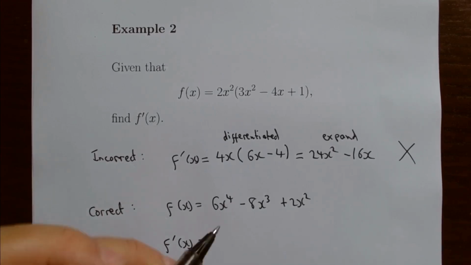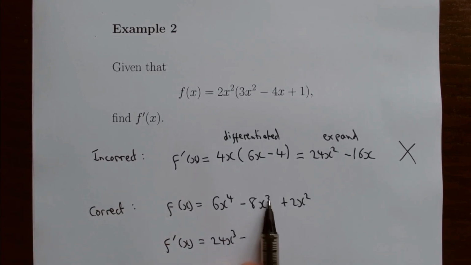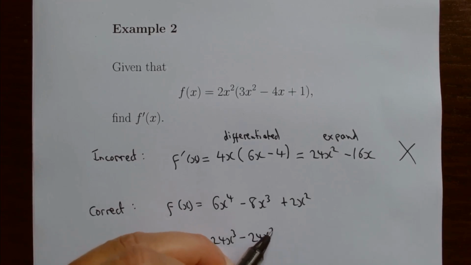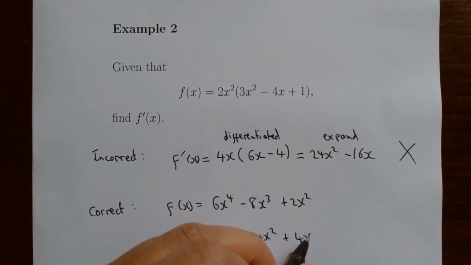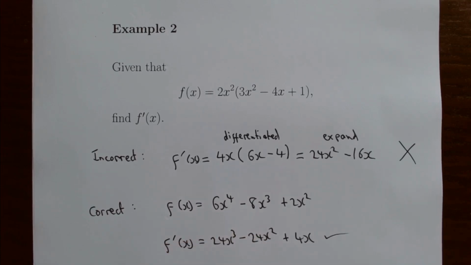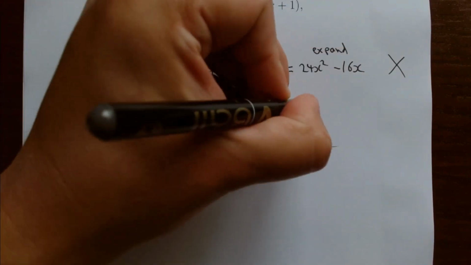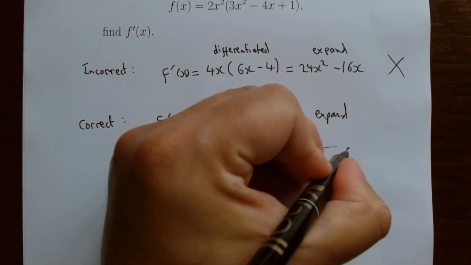So the 4 comes down, gives us 24x cubed minus the 3 multiplies the 8, gives us 24x squared, and the 2 multiplies the 2 gives us 4x. And this is the correct way. And you can actually compare. That's not the same as that. Different answers. So here we expanded first and then we differentiated.